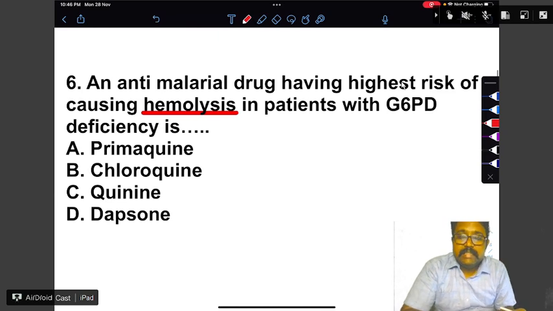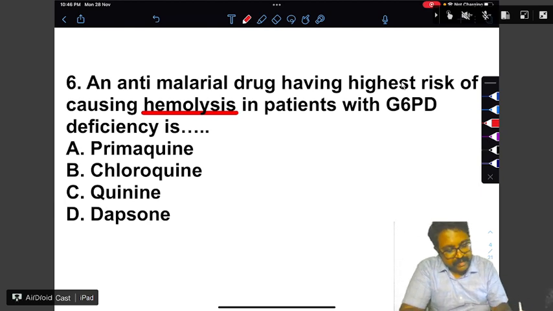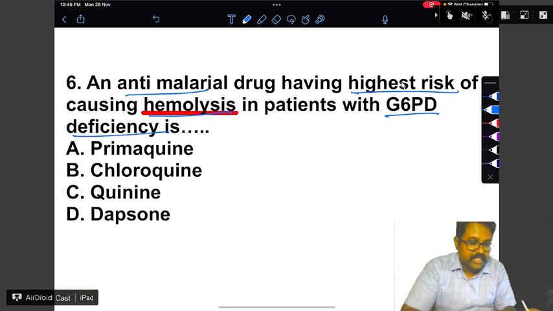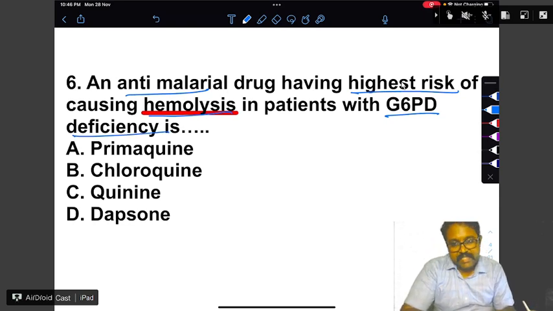Next, moving on to the next question: which antimalarial drug has the highest risk of hemolysis in a patient with G6PD deficiency?